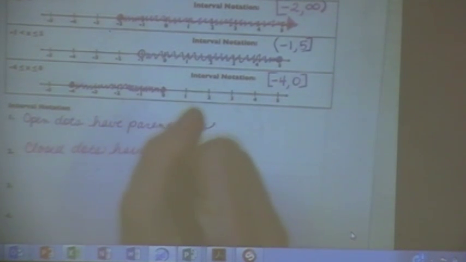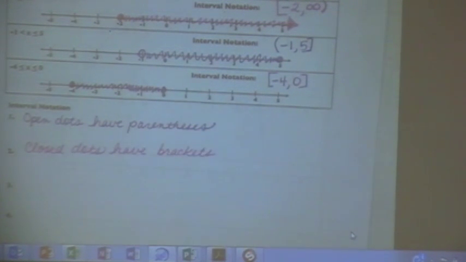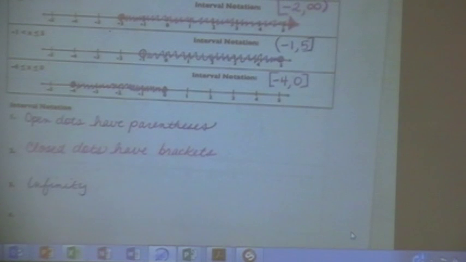Closed dots have brackets. Infinity, always parentheses.